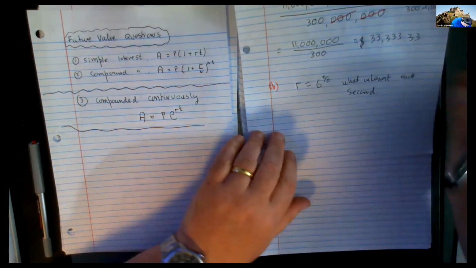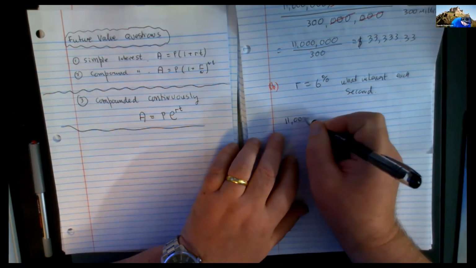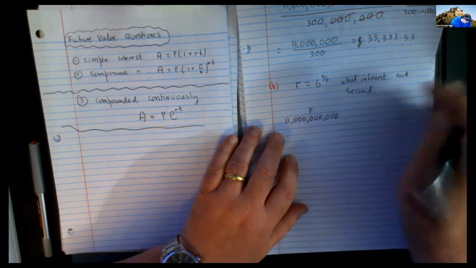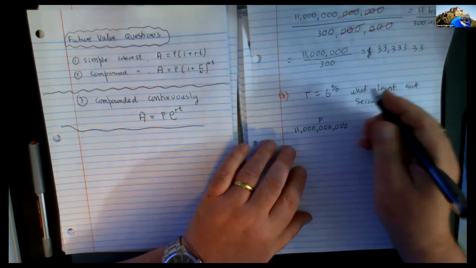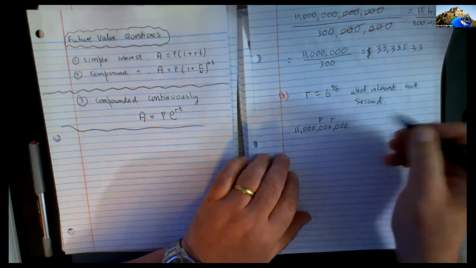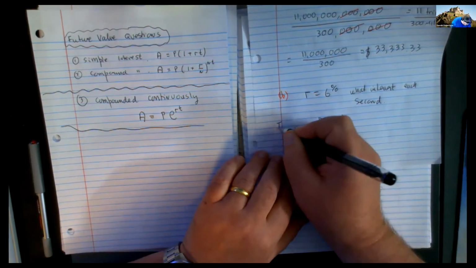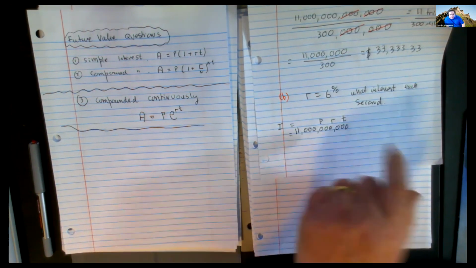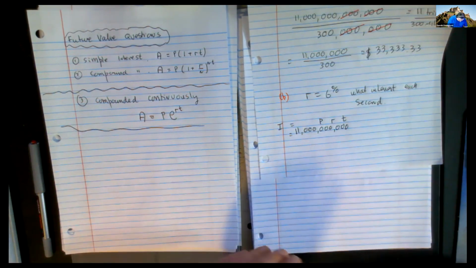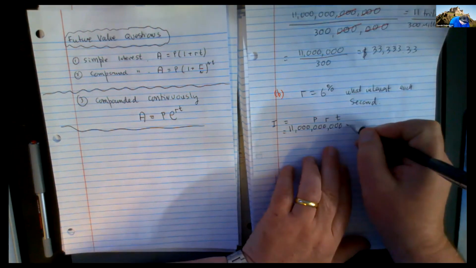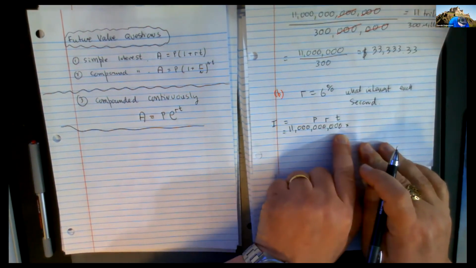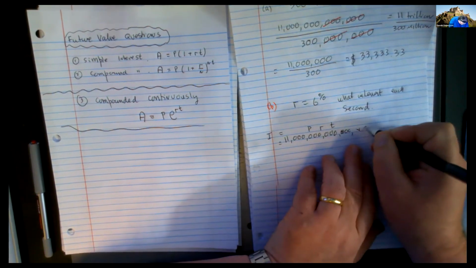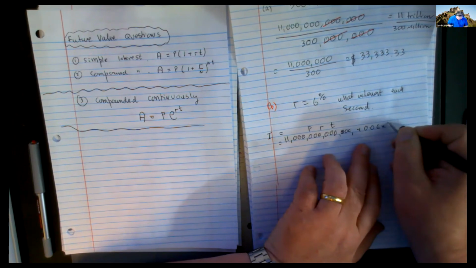Okay, I'm going to take 11 trillion, and that's P. Right? And R, right? And T, and that's going to be the interest. And I'm going to find out what the interest is in a year. And then I'm going to figure out, working backwards, how much that ends up being in a second. So 11 trillion, I'm missing some zeros. 11 trillion times 6% times 1 year.